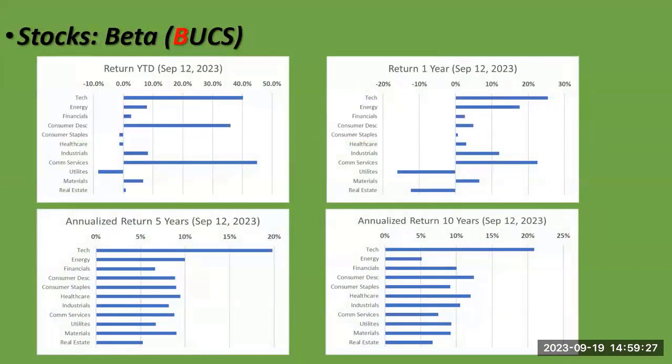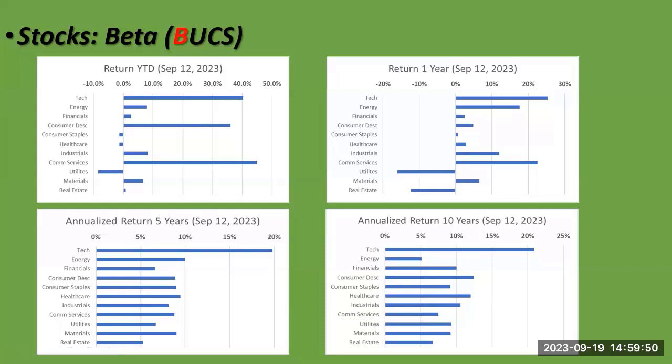How have these different sectors done? This year, tech and communication services, and that is mainly Meta. Meta's up a bunch. Meta is so big that it really drives communication services. So tech, communication services, consumer discretionary is up.